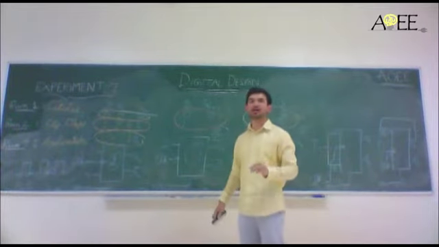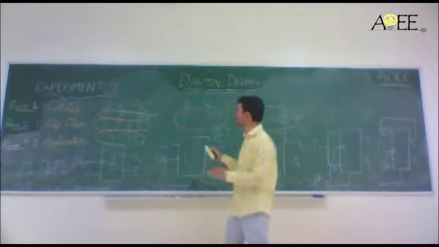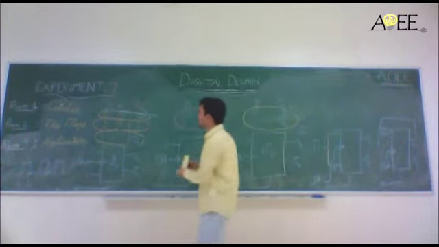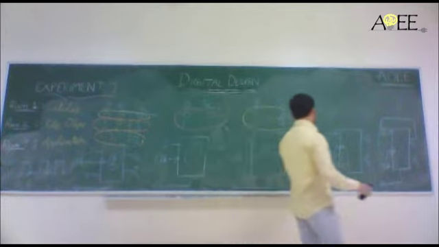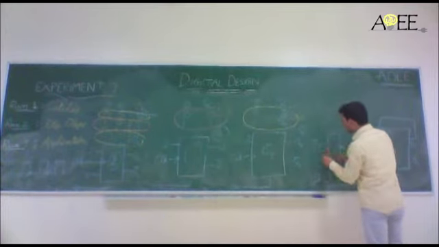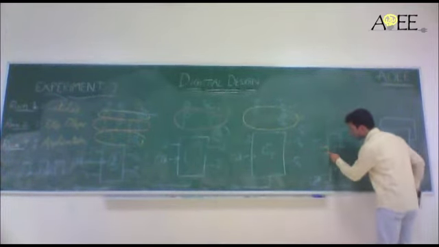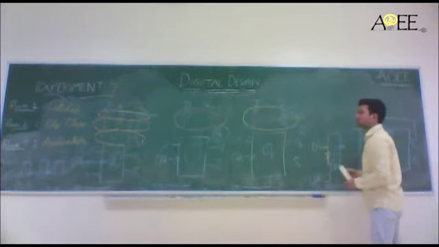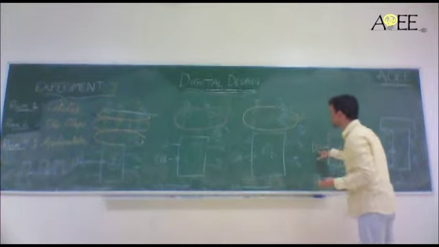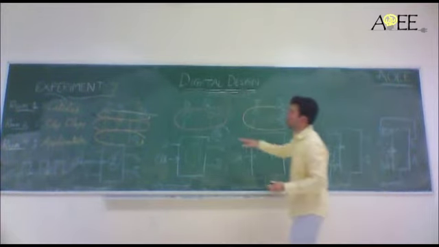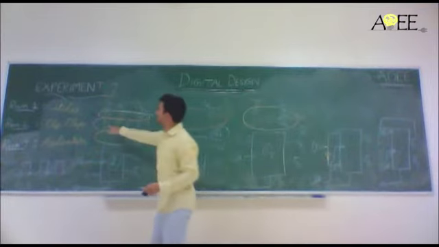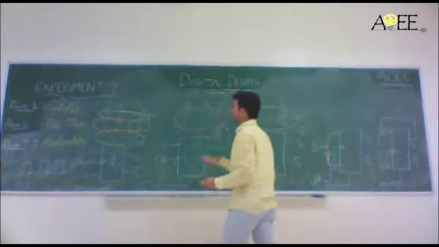Next is how to make a D flip-flop from a JK flip-flop. As it is evident that these have similar truth tables, given a JK flip-flop, a NOT gate can be connected to this side such that when a D input is given, suppose I give 1 over here, then 1 goes to J, J is 1, K is 0, and I should get 1.